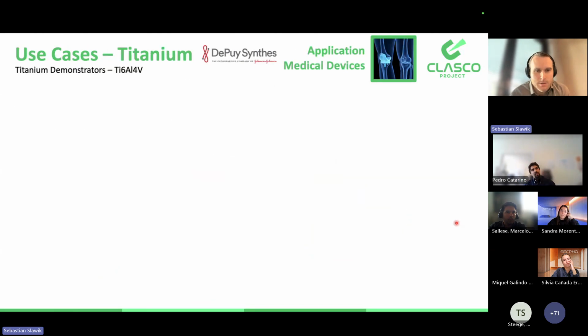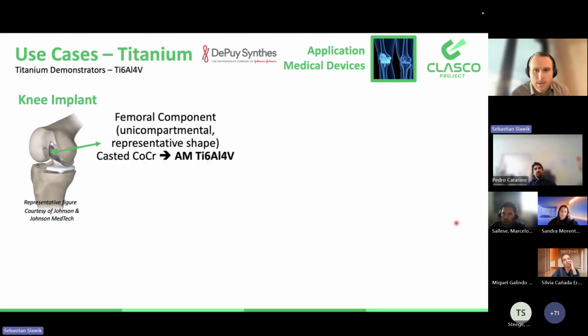Our use cases, first the titanium one. These are used in medical devices. One is the knee implant. This is the femoral component of the knee implant, as you can see here. It's half of a full knee implant. Normally it was a casted, or before it was a casted cobalt chromium alloy.